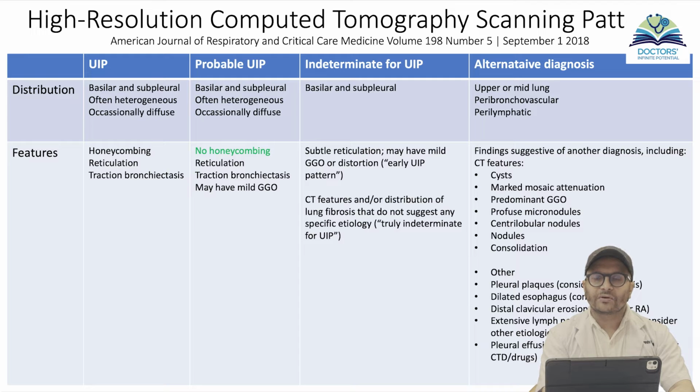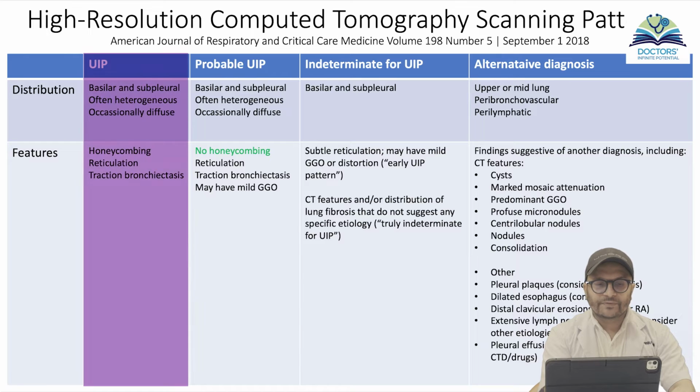Now let's talk about our main topic, which is usual interstitial pneumonia, UIP. This slide shows diagnostic HRCT criteria for UIP, which is classified into 4 types according to the distribution and features: UIP pattern, probable UIP pattern, indeterminate for UIP pattern and alternative diagnosis.